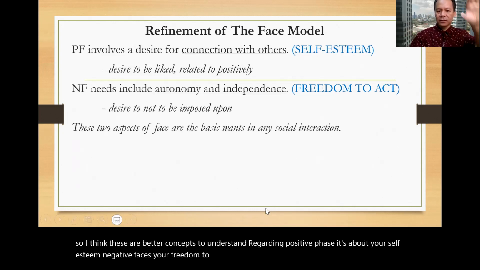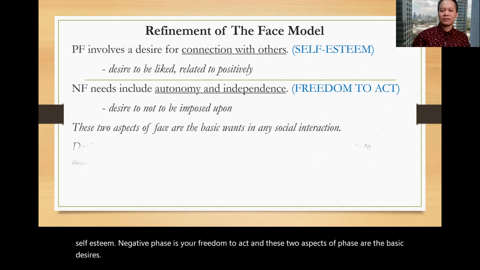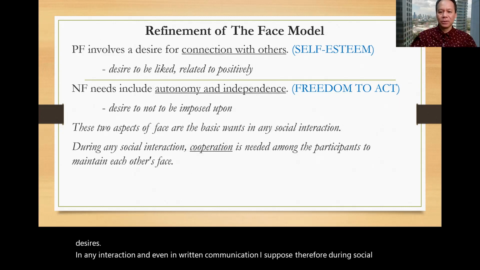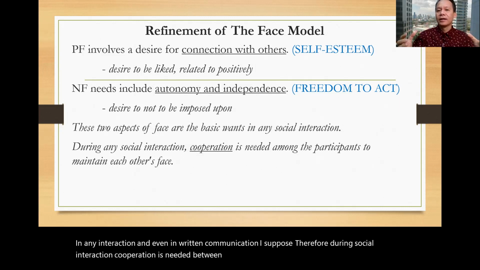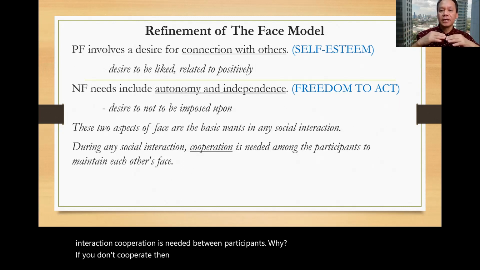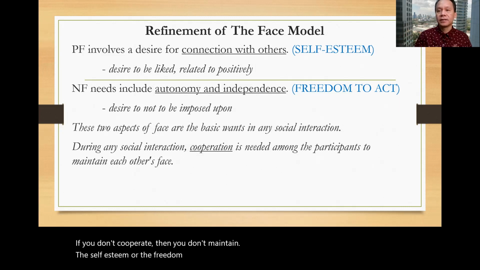And these two aspects of face are the basic desires in any interaction and even in written communication, I suppose. Therefore, during social interaction, cooperation is needed between participants. Why? If you don't cooperate, then you don't maintain the self-esteem or the freedom to act. Because if I tell you, could you buy me a drink?